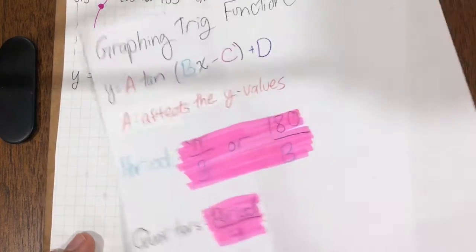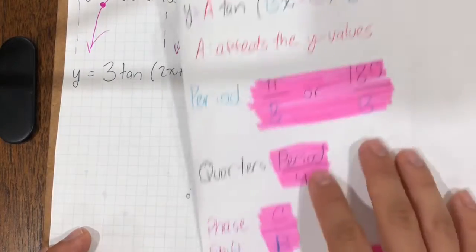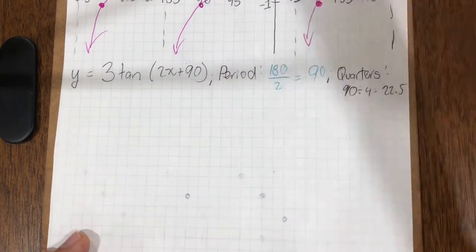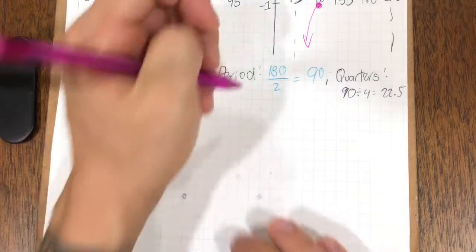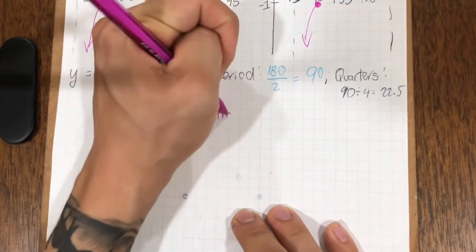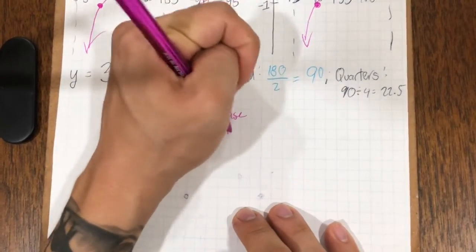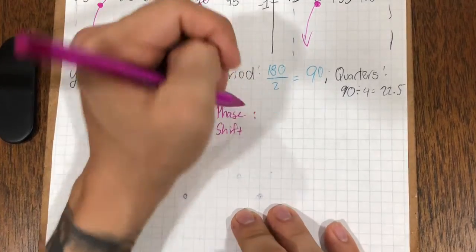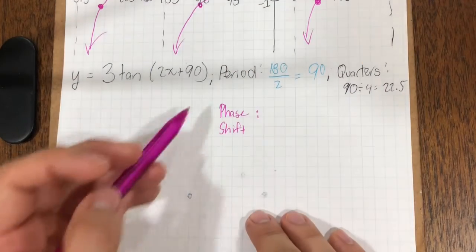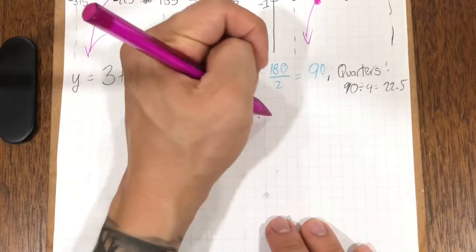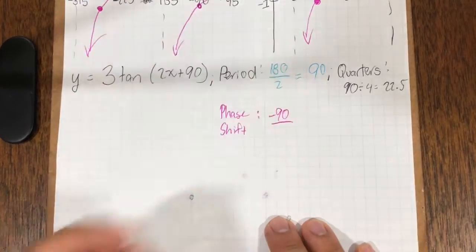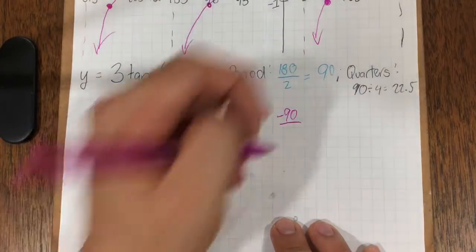Now, if we take a look at the 90, we see that 90 is in the same spot as C, and C is associated with the phase shift. So we have a phase shift. Let's figure out what that phase shift is. For the phase shift, I have my C, which is 90, but this 90 is going to be a negative, divided by B, which is 2.